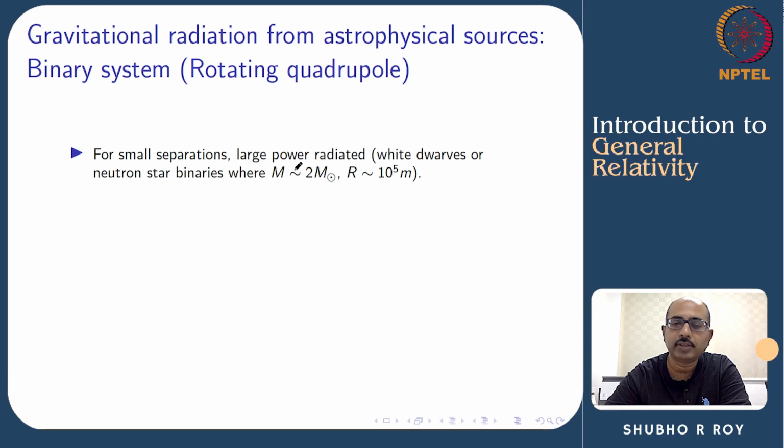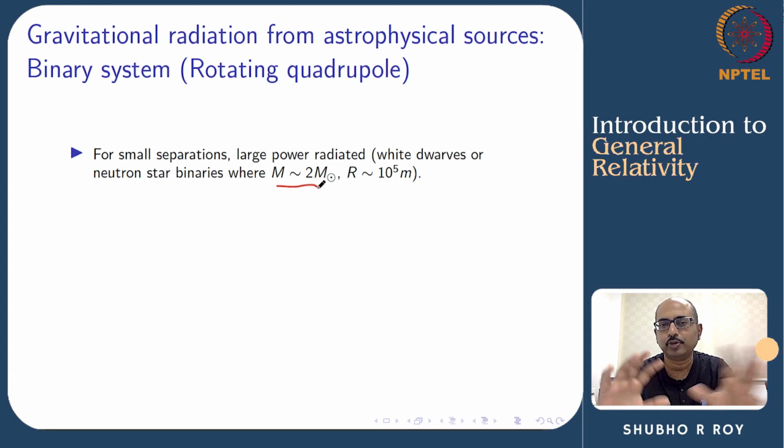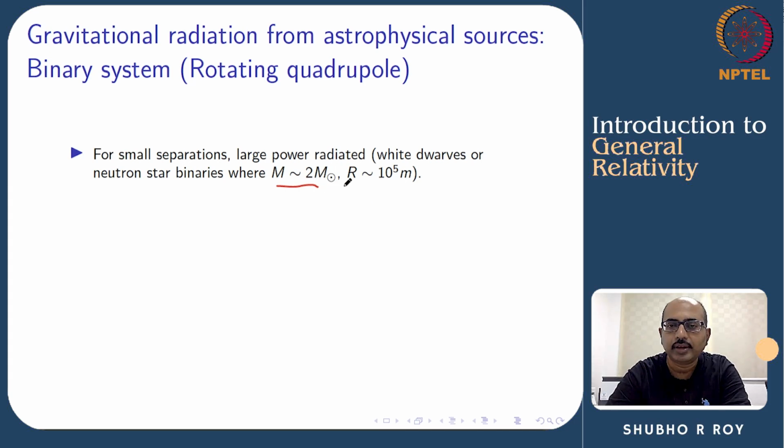In particular, let's consider the best case scenario when the masses are very heavy, that is, white dwarf or neutron star binaries, where the masses are of the order of 2 solar masses. Let's say both of them are very heavy, and the separation is like 10 to the power 5 meters, which is, I think, almost the distance from the Moon to the Earth. A small separation, these two are orbiting each other.